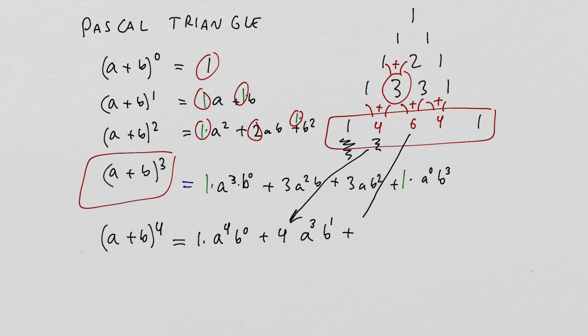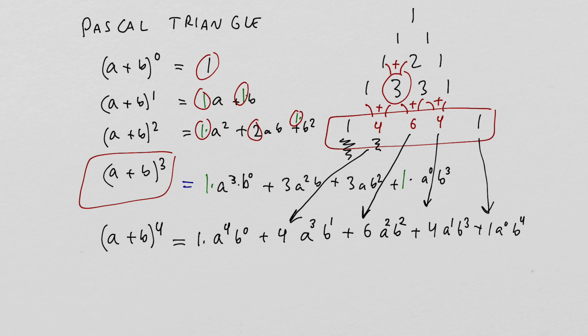Next term we get 6 from the triangle and a to power 2 times b to power 2. Then next 4 from the triangle, a to power 1 and b to power 3. And the last term will be 1 times a to power 0, b to power 4.